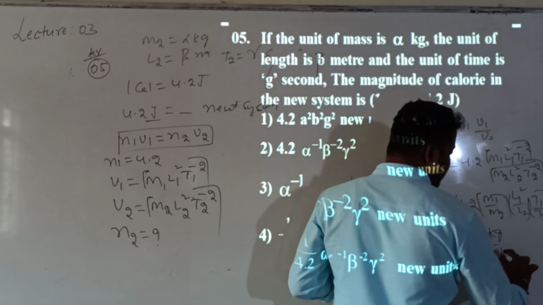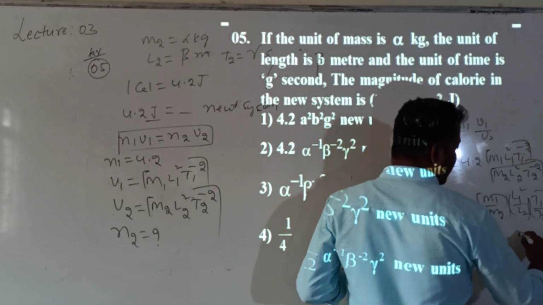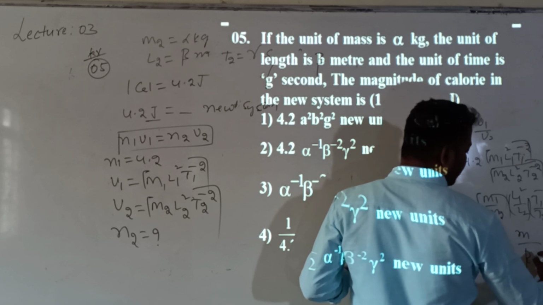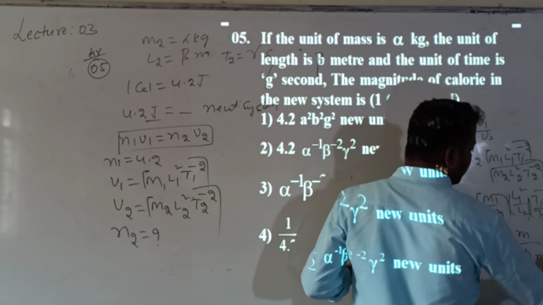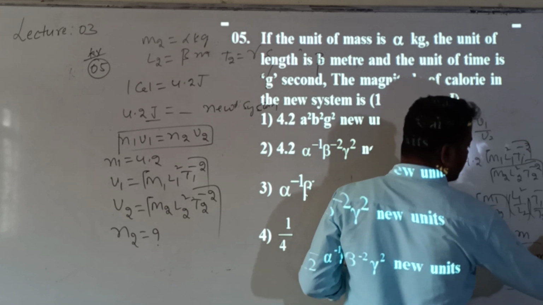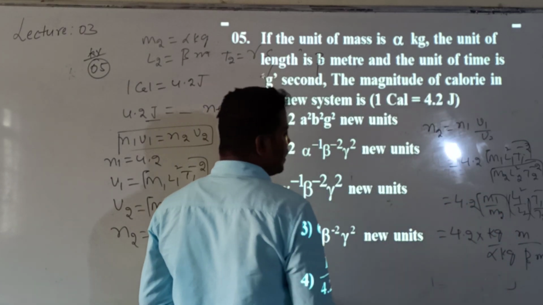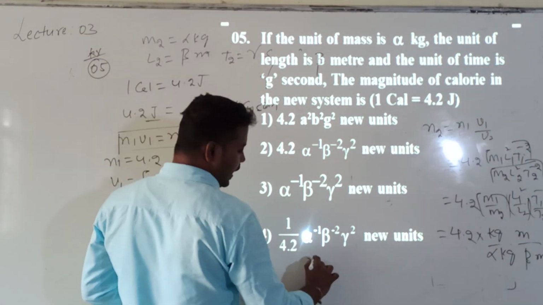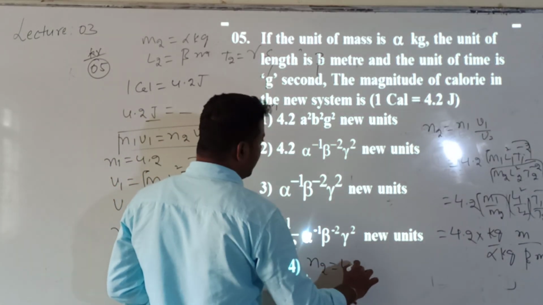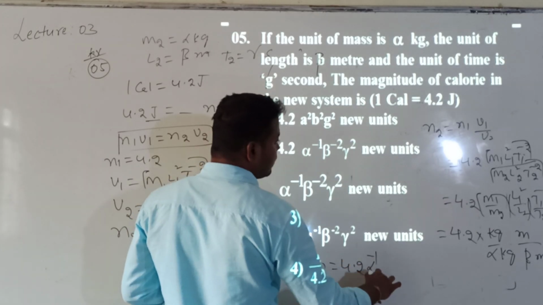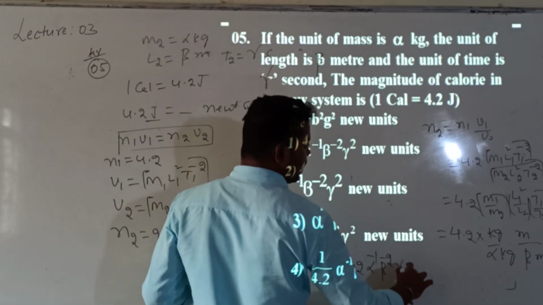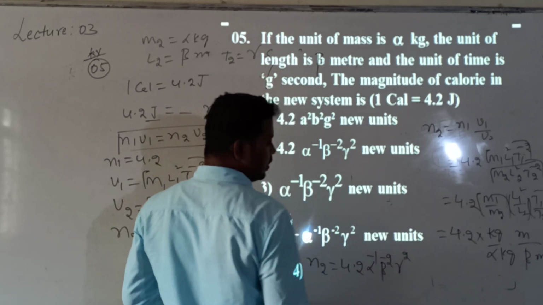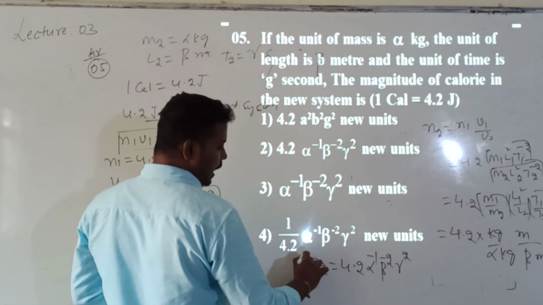Kg by alpha kg, meter by beta meter, seconds by gamma seconds, whole power minus 2. So after simplification, you will get the answer for N2, which is 4.2 alpha inverse beta power minus 2 gamma square.